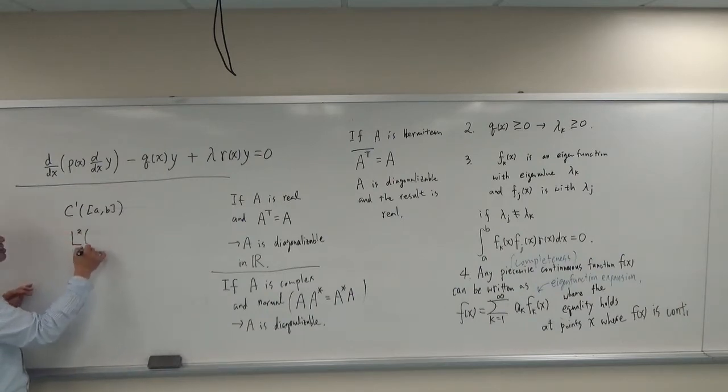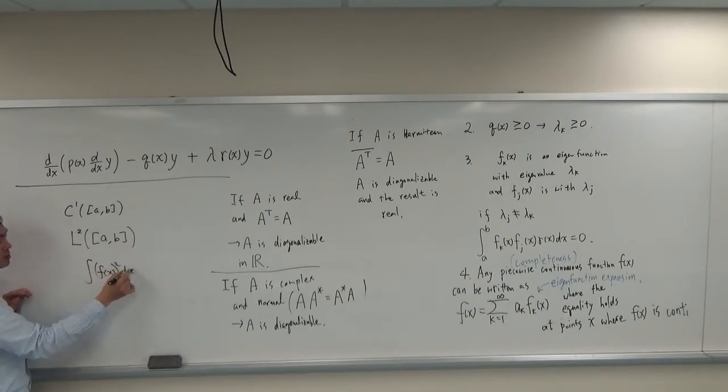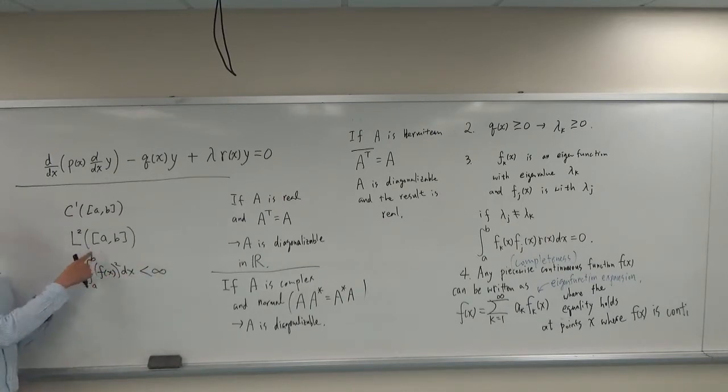It gets crazier and crazier. Like this is L2 space, and these are functions whose square integrals are finite. So if this happens, then it's in L2. You can see easily that any constant multiple of a function that belongs here should still have a finite integral, so that's okay.